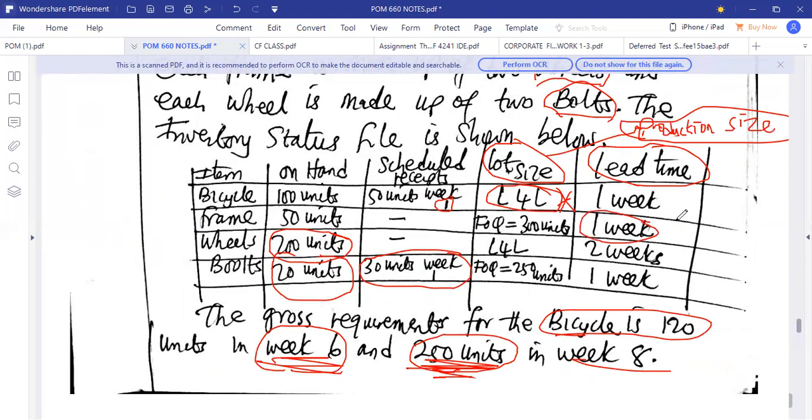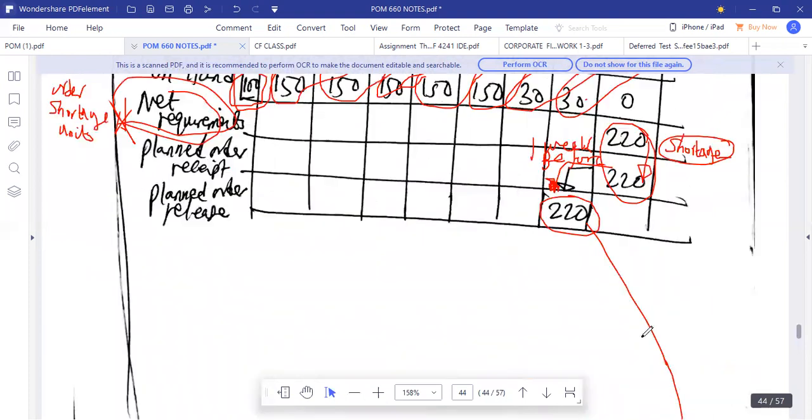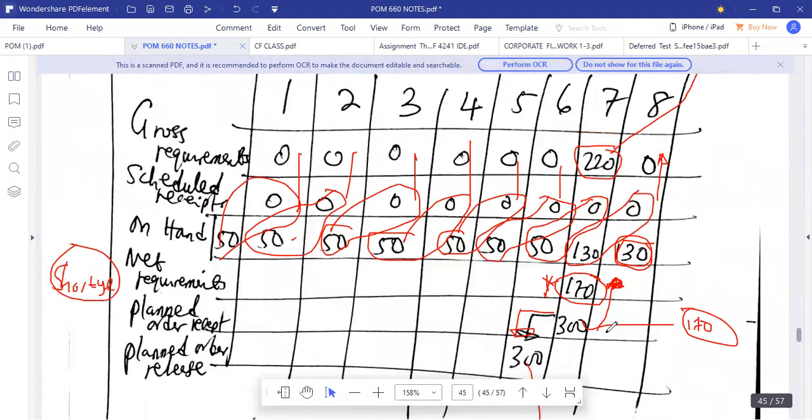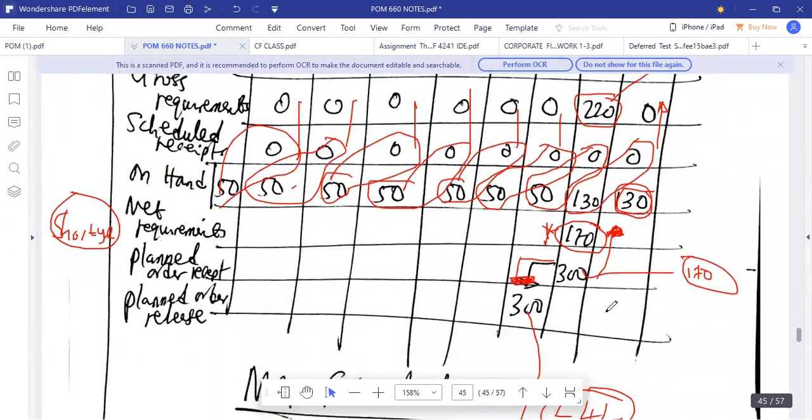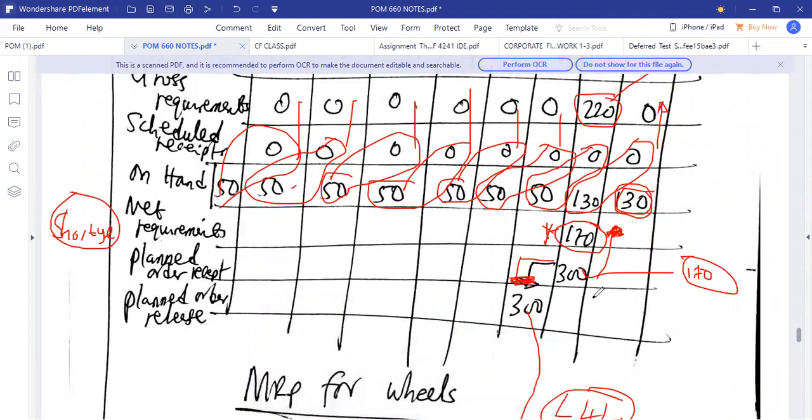That's why you discover that the 300 comes one week before. For you to have a receipt in week 7, this one should have been ordered 1 week before. It's just like that.